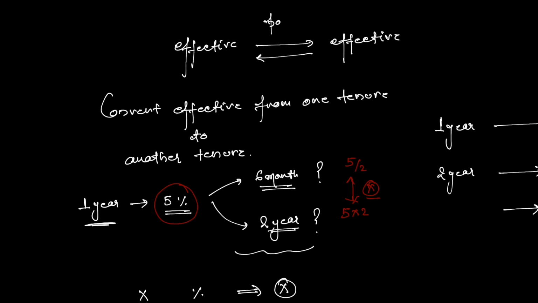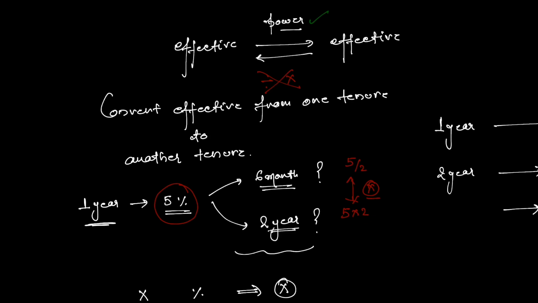Power. You play with power. Multiplication and divisions are not allowed. This is the only concept that we learned so far. Super critical. If you want to convert from effective of one tenure to effective of another tenure, then you play with power. Super important.